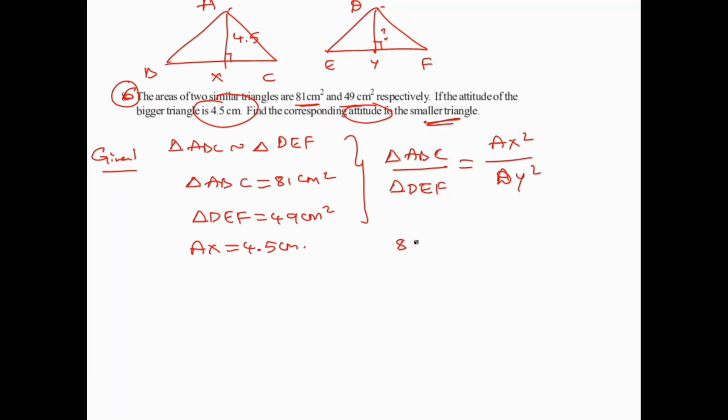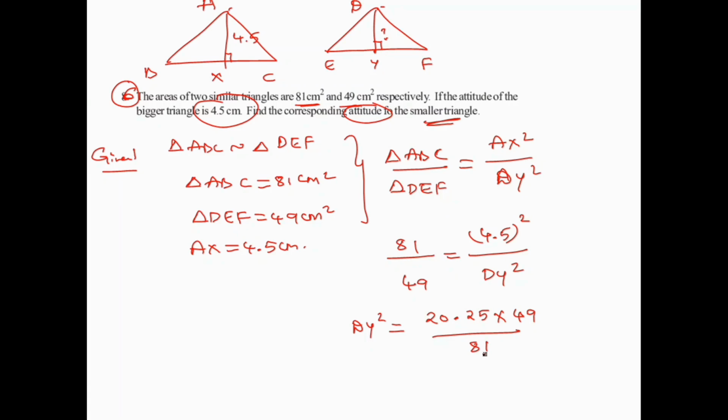Right, now I'm just picking up the values and directly substituting in the formula above, so that I will get DY square. Now DY square can be written as 49 by 81.